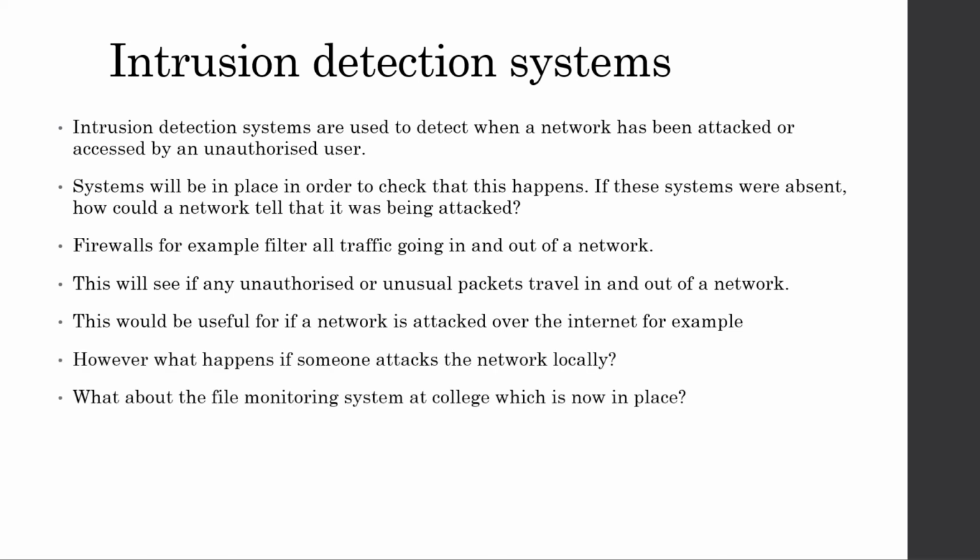The file monitoring system, for example, picked up stuff last year for a few people, if you remember who you were. That's used to detect if anything dodgy is going on. If they pick up that somebody has a dodgy file, they could stop it before it even infects the network.